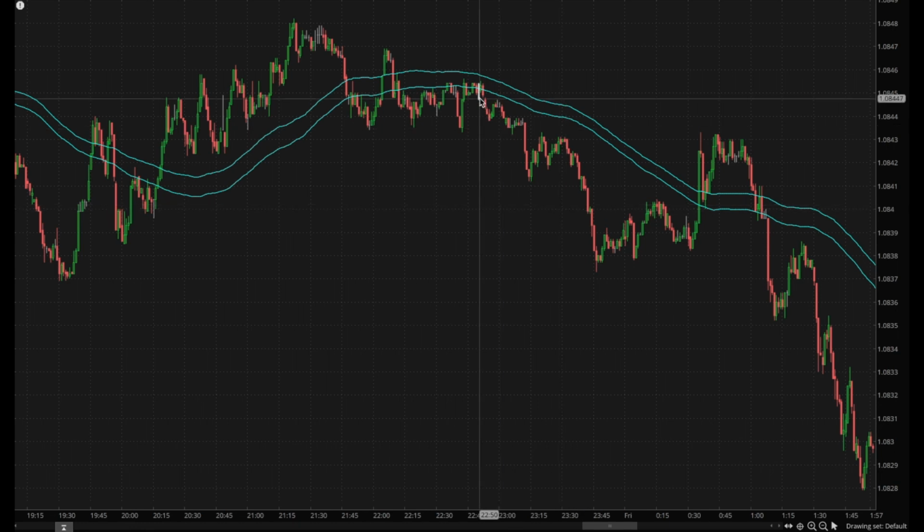You also want to make sure that when you're in profit, you set a stop loss. So let's say I enter into this trade over here, it goes down a little bit, it goes up. The moment it gets into profit, so let's say it gets down here, I want to set my stop loss probably right around here.